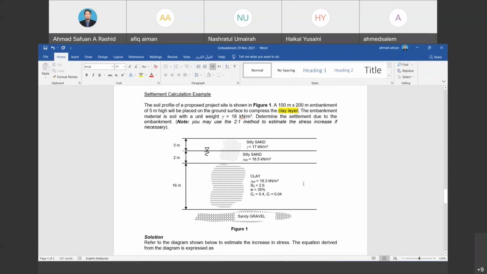The embankment material is soil with a unit weight of 18. Determine the settlement due to the embankment. In this case, we can use either the Ostomate approach or the 2-to-1 method to estimate the stress increase, when necessary.